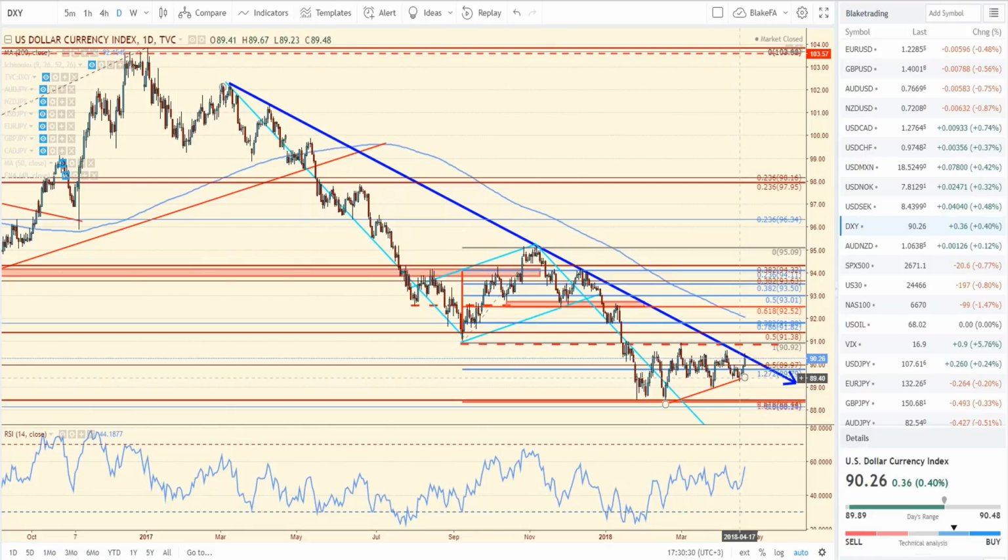At the end of the week, we have GDP numbers out of the US and the UK, so that might move the needle a little bit as well. But I think it's really going to be the ECB and the trade talks between the US and Germany at the end of the week.